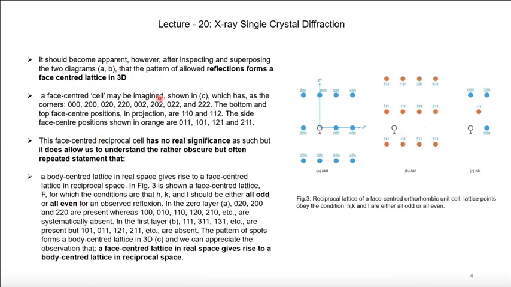It has become apparent now how, by inspection and superimposing of the two diagrams A and B, the pattern allows reflections from a face-centered lattice in 3 dimensions.